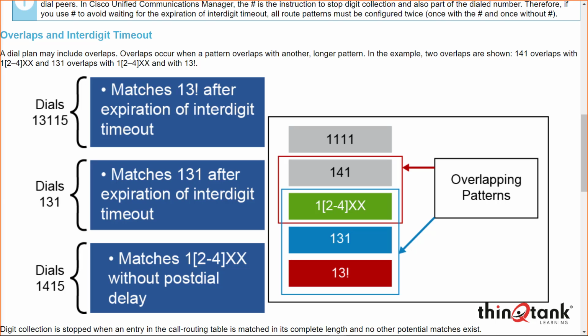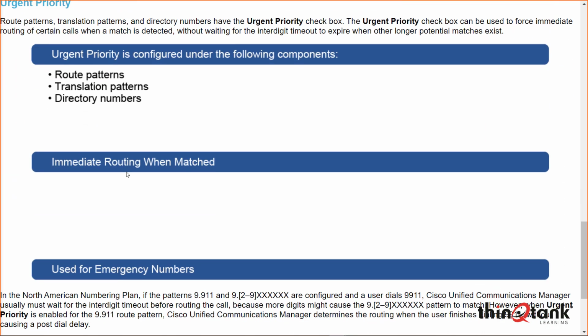The idea is that we need to make sure that we've designed our dial plan to eliminate these overlapping patterns as much as possible, because our goal is to reduce the post-dial delay, make sure that dialing occurs as quickly as possible. Another concept that exists within Call Manager is something called urgent priority.